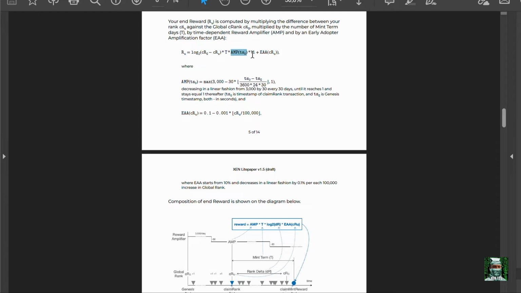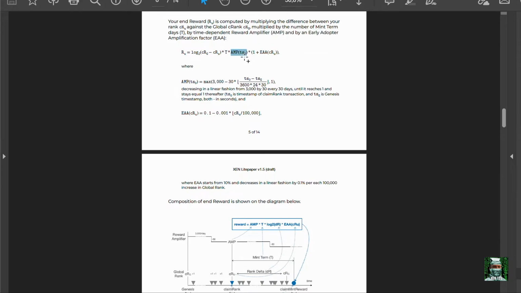Then we also have the last part of the formula, which is the early adopter amplification factor. This is what happens when Jack gets to choose the terminology here. We love it. The EAA. So this is exactly the same thing as the AMP, but the AMP is time dependent, right?